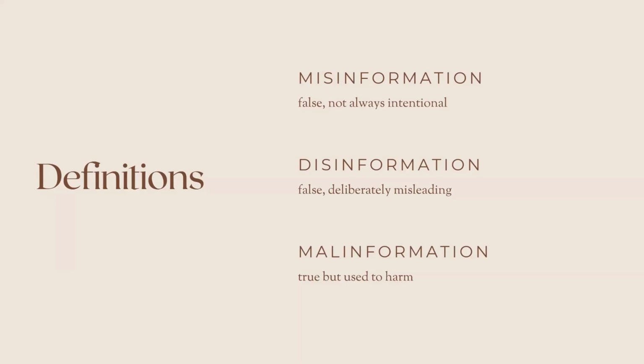Whereas we have disinformation, and this is again something that's false. However, the intent is to mislead, so someone is intending to deceive. I don't have a specific example for this because it can get a little tricky in terms of what is being shared, and I didn't want to open up a can of worms, because I don't know everybody's intention when they're sharing things online.